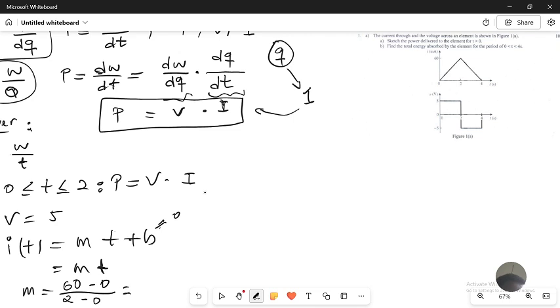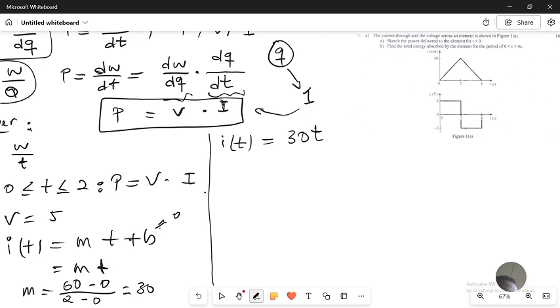So m equals 30. My current is going to be 30t. I don't need to calculate b, because the curve passes through the origin and b equals 0. If my curve does not pass through the origin, I have to calculate b, using the method we used in the previous video.